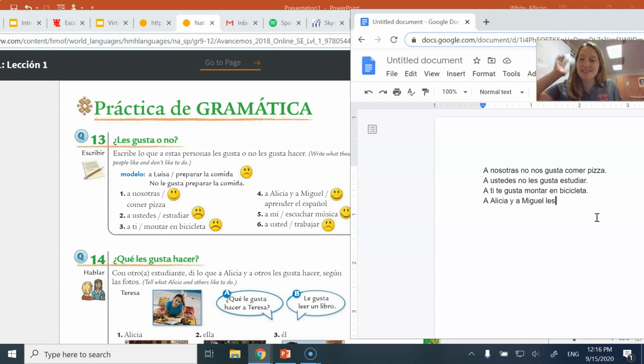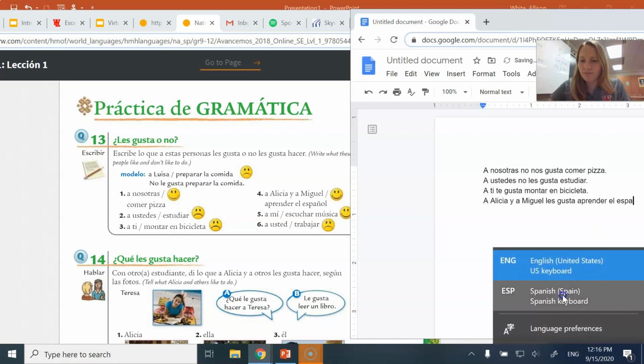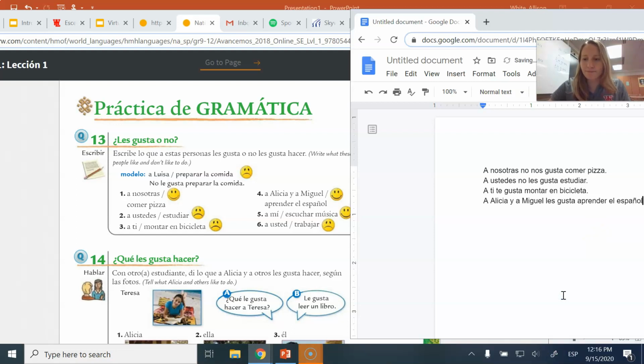So it's les, it's they, right? We're saying they like to learn Spanish. So it's les gusta aprender el español. I need my Spanish keyboard for that. In a period.